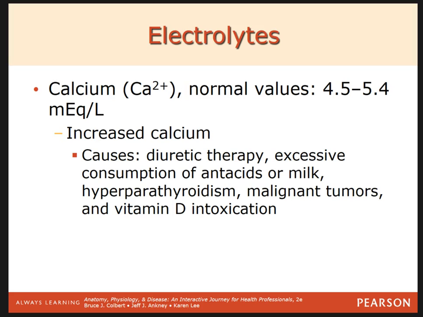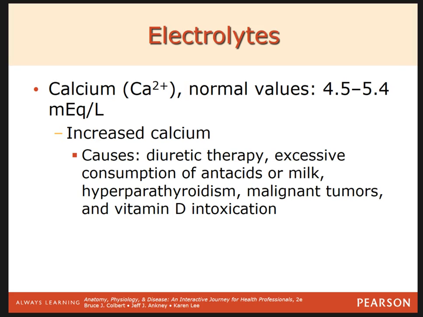An increased calcium can be caused by diuretic therapy. That means that we're using medications to increase our urine output. When we do that, it takes fluid out of our body. But what happens is some of those other parts that are in the urine don't go with the urine, so they stay behind. So it leaves the calcium in the bloodstream, and because there's less fluid, it makes the levels look elevated.